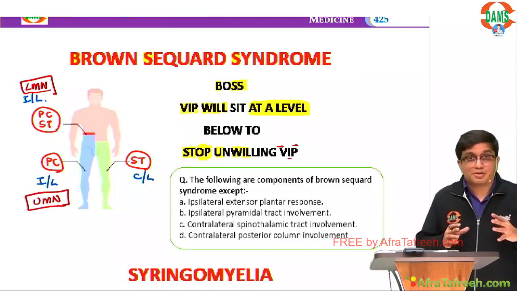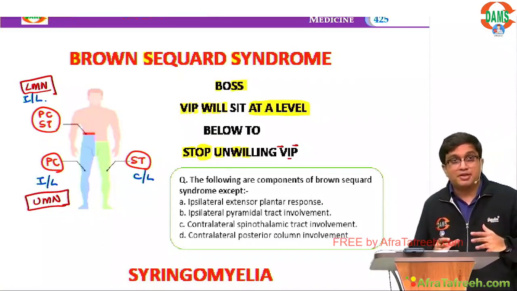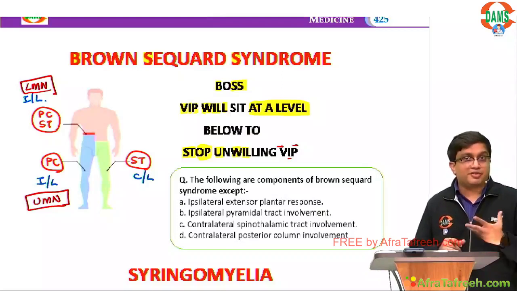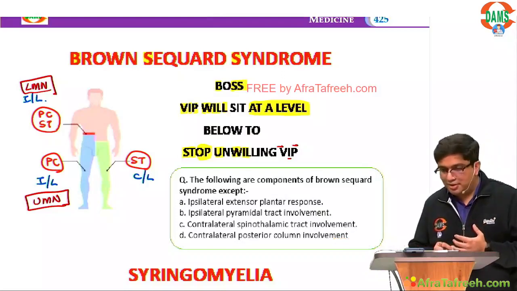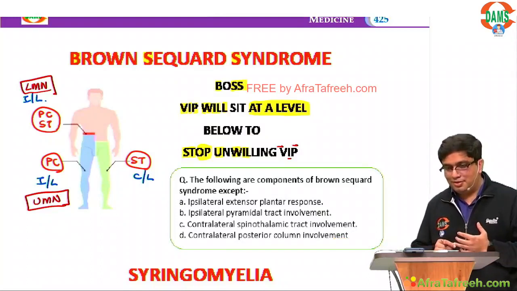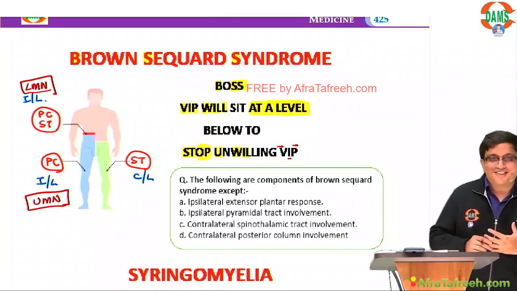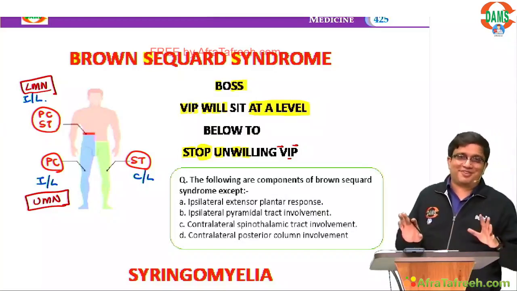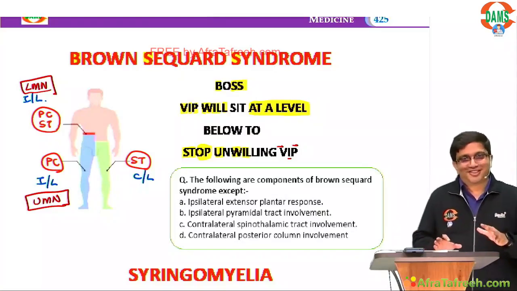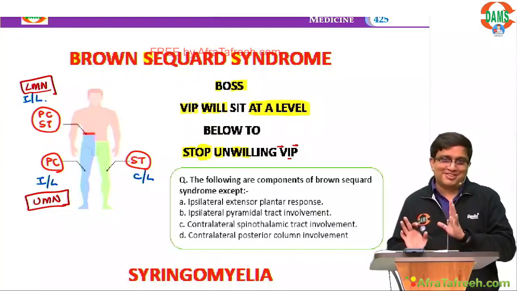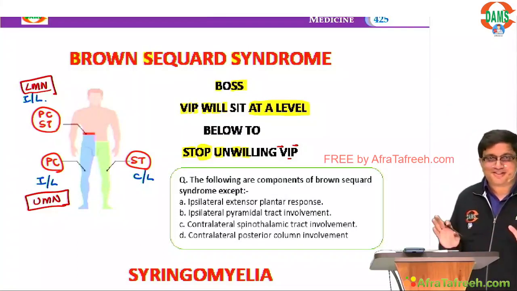So BOSS, the Brown-Séquard, is a VIP who will sit at the level below to stop the unwilling VIP to enter. So maybe a mnemonic which I tried to figure out. Even if you remember, STOP is final. STOP is okay. Temperature, spinothalamic is involved on the opposite side. Rest everything is ipsilateral.